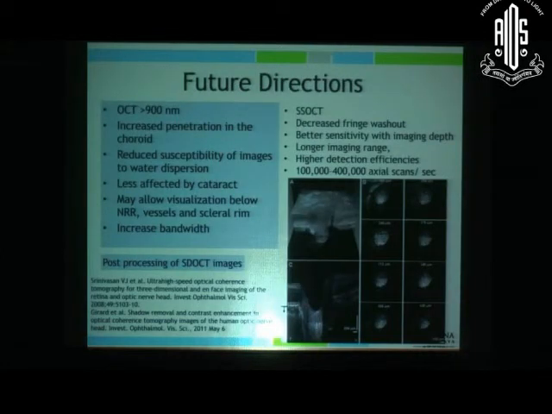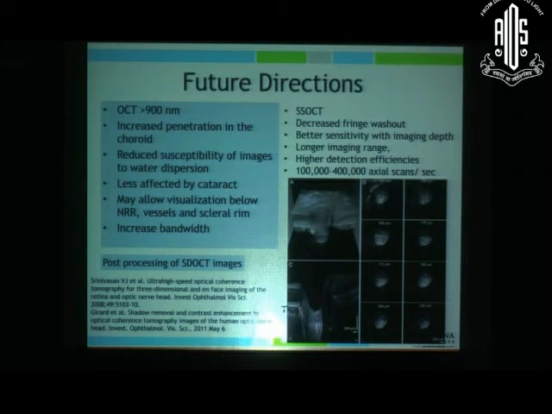So using OCTs with higher wavelengths, say beyond 900 nanometers, which allow penetration all the way through the choroid, thereby reducing the susceptibility of images to water dispersion, and which are less affected by cataract and allow visualization below the neuroretinal rim, vessels and scleral rim, like the swept source OCTs, might actually be the best way.